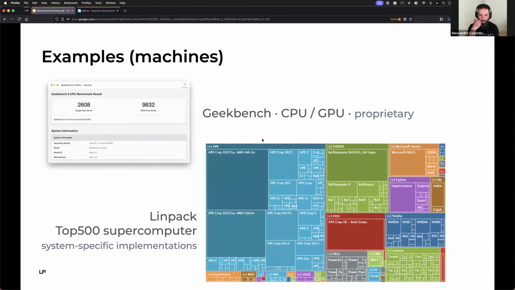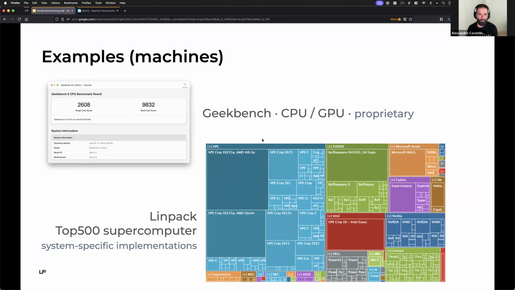We have a long history of benchmarks for much bigger systems, like the Top500 supercomputers, which are ranked by problems that are usually related to simulations, to linear algebra, to numerical simulations. And you can actually go to top500.org and see how those supercomputers around the world rank.